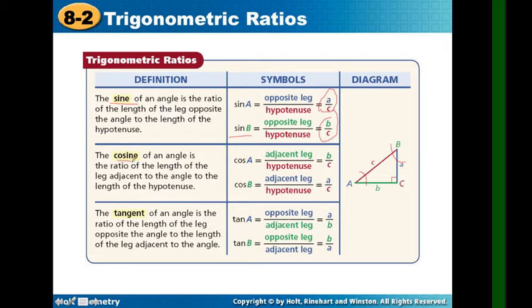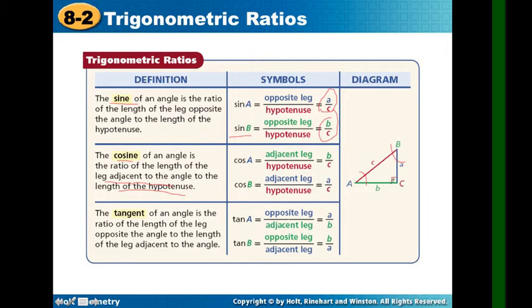The cosine of an angle is the ratio of the length of the leg adjacent to the angle to the length of the hypotenuse. So, cosine A, for instance, is adjacent. So, ano ba ang adjacent? Anong leg ang adjacent sa angle A?